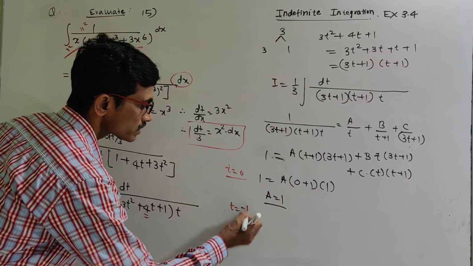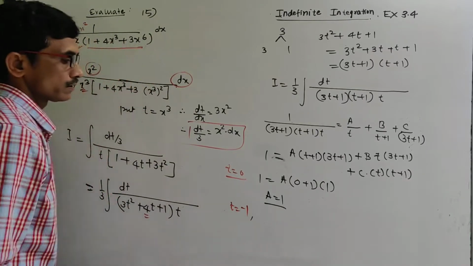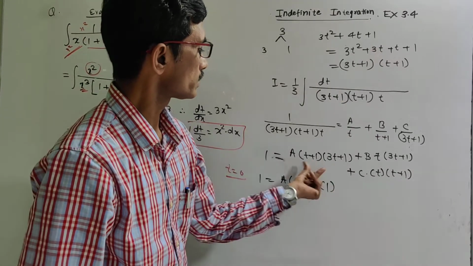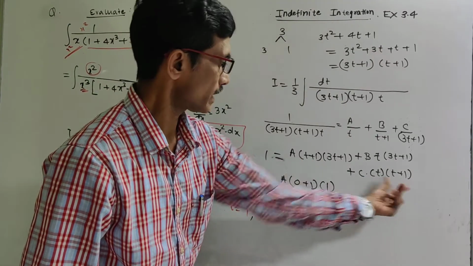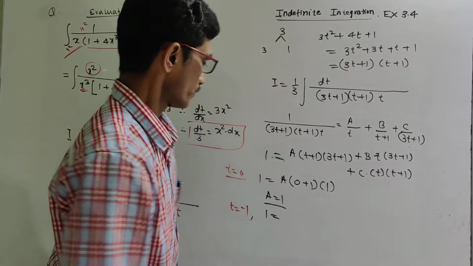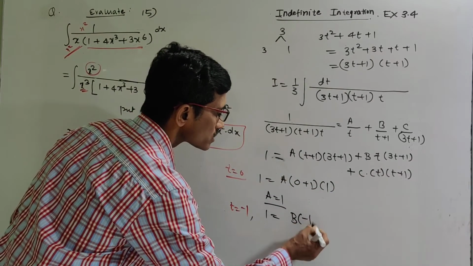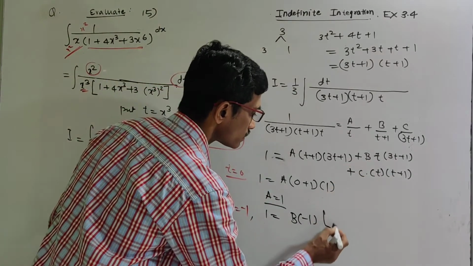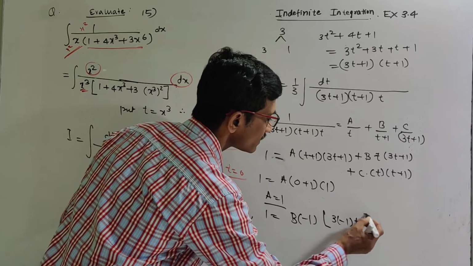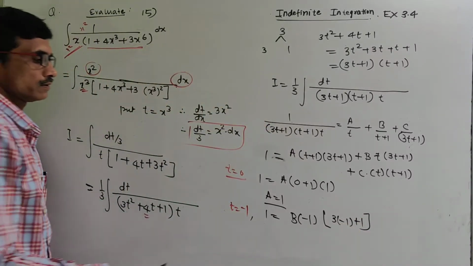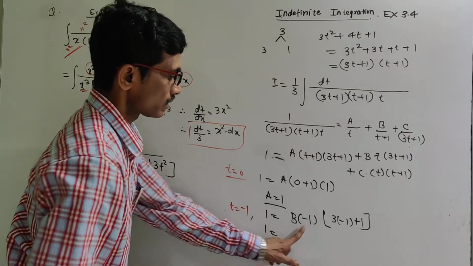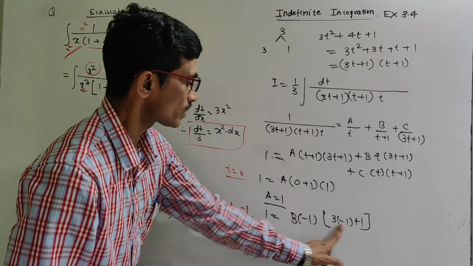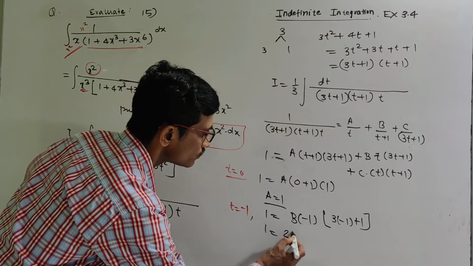Over here we put t is equal to minus 1, then 1 is equal to, ये 0 होगा, ये 0 होगा, because t plus 1 term is there. So these two terms will reduce to 0. b into minus 1, we are putting t is equal to minus 1, so it is 3 into minus 1 plus 1, then 1 is equal to minus b into minus 3 plus 1, minus 2, and this minus it is plus 2b.